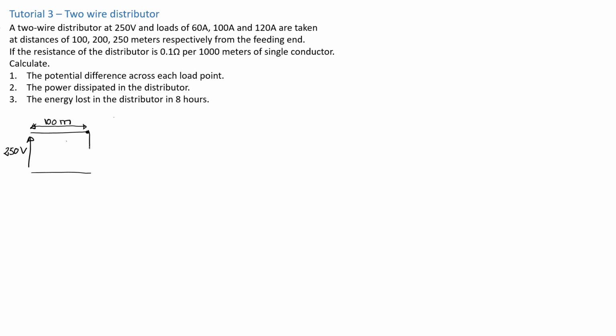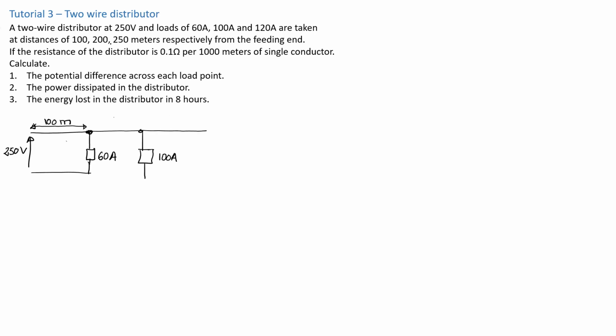And I'm going to place a load here. And this load is going to be 60 amp. And we've got another load of 100 amp at 200 meters, which means another 100 meters, right? And we're going to have another load here, and this load is 100 amp.